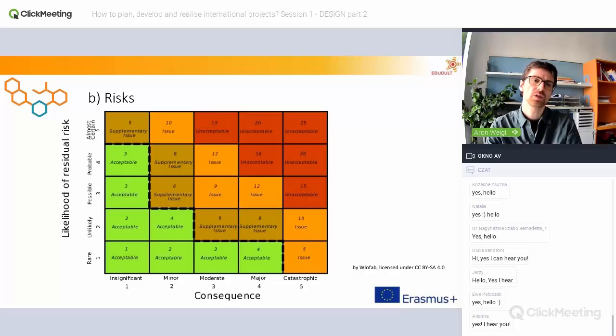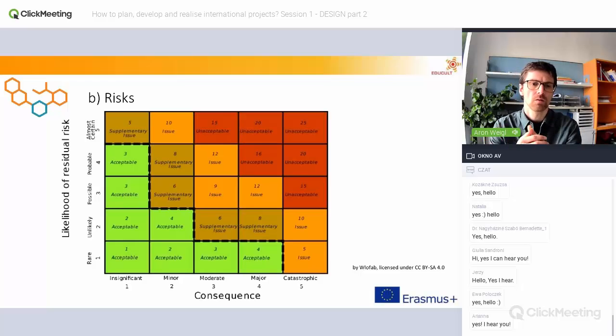And it's called here residual risk. That means you can already reduce the risks in this phase, that you say, okay, we do it in this way and that way. So that's the risk which is still left after you took measures. This is an open source picture you can see here.